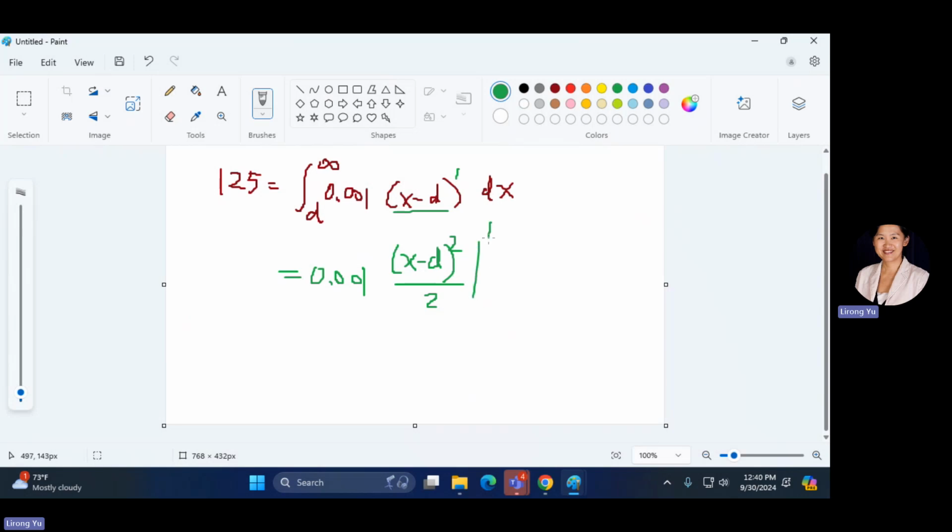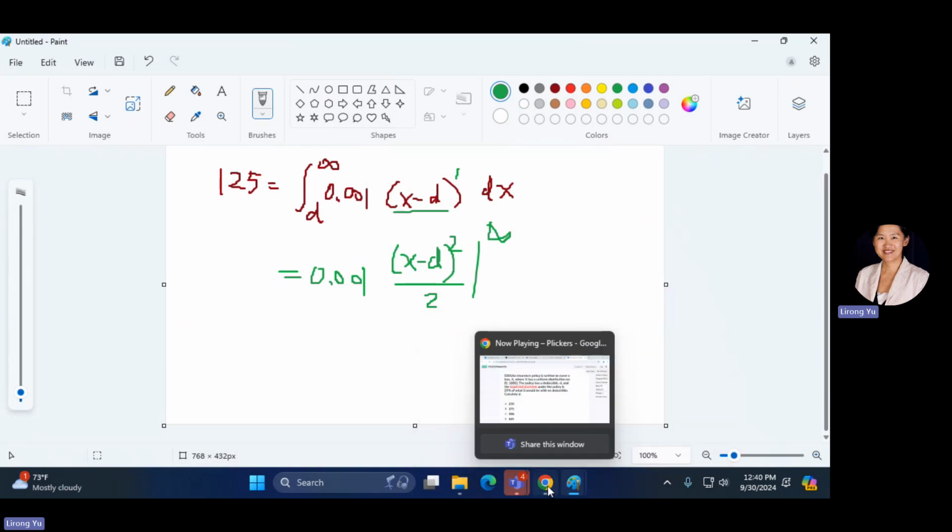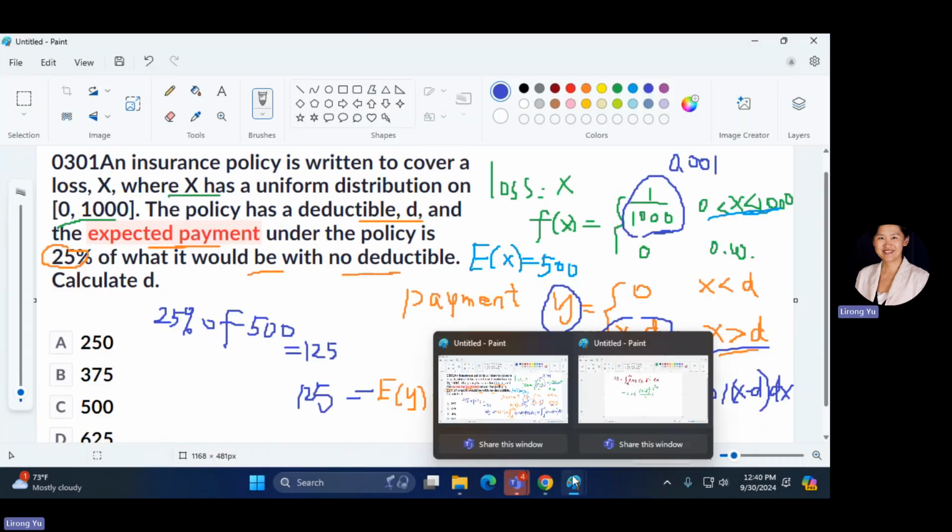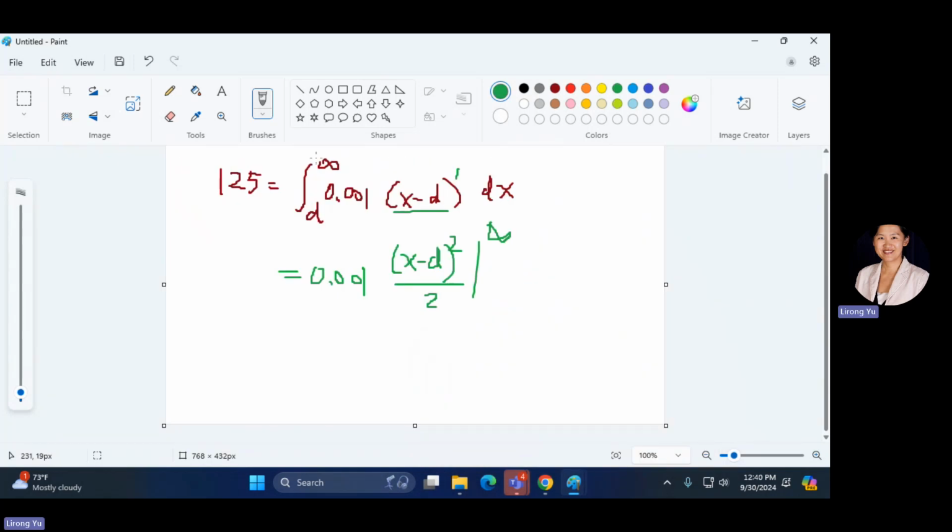That would say infinity. It shouldn't be infinity, should it? It's a uniform distribution, so the upper boundary should be 1000. Instead of infinity, 1000. I realize that the infinity in this integration would make it diverge. No problem.